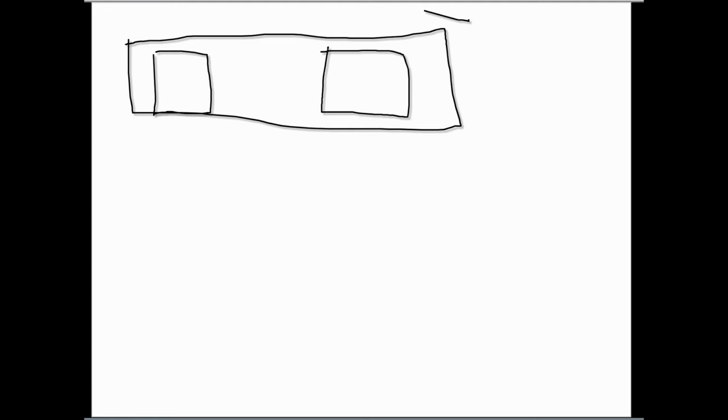And then these sockets have 1 or more cores. So in this example, I'm going to say each socket has 8 cores. So this is a 16 core node. This is kind of like the unit you buy.